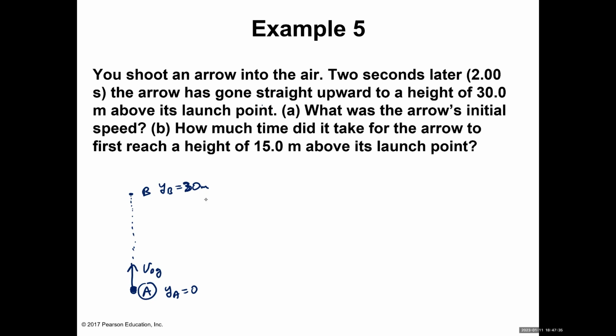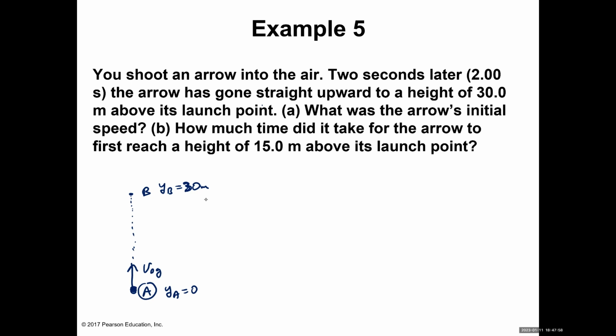Read the question and let me know. No, it doesn't. Because it doesn't tell you that it reaches the highest position or maximum height or that it stops at 30 meters. It just tells you that, as it travels up, 2 seconds later, it reaches 30 meters, but maybe it continues moving. We don't know, and we don't care.